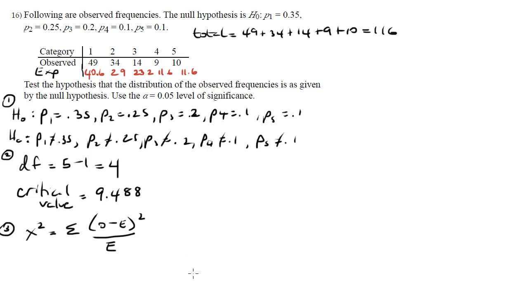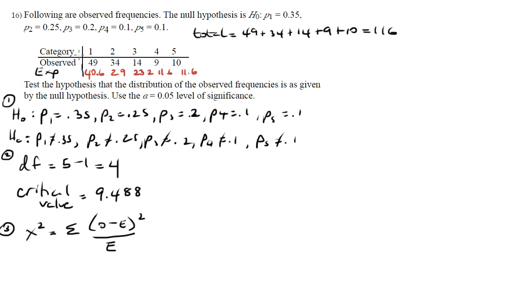Now you can do this by hand, just like we did in number 15. I can do 49 minus 40.6 squared divided by 40.6 plus 34 minus 29 squared divided by 29, 14 minus 23.2 squared divided by 23.2.